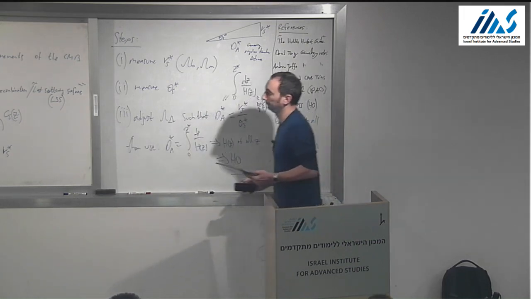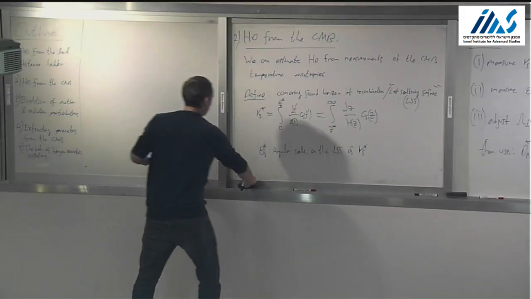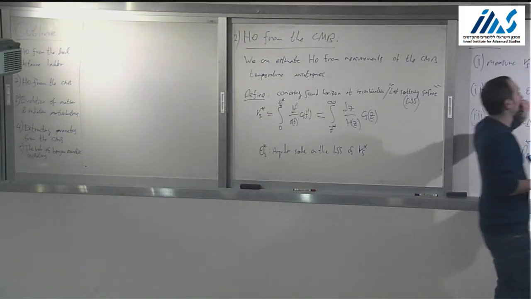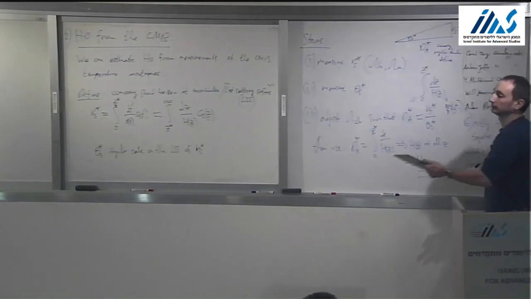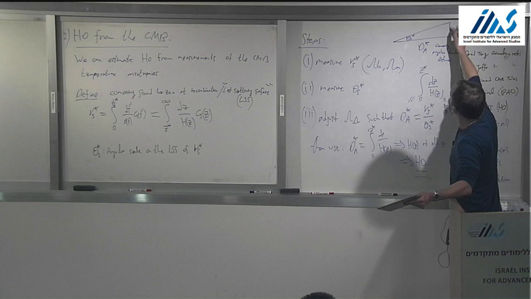Okay? Yeah, questions? So I understand the theta part of the triangle, but I don't understand why the integral you wrote earlier for R_S is perpendicular to it. Right, so this is like a size on the surface of last scattering and the distance to it. Is that the speed of sound in there? So speed of sound. This is just how much a sound wave can travel.